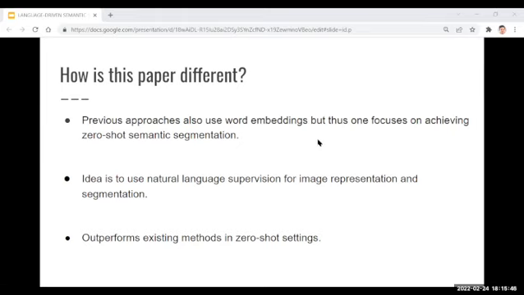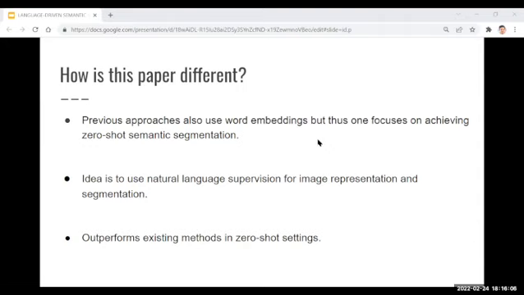It basically tries to generalize the segmentation model much more strongly by using language assistance. It tries to improve the robustness of the segmentation models.